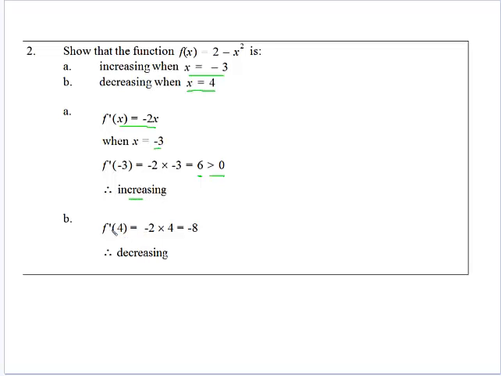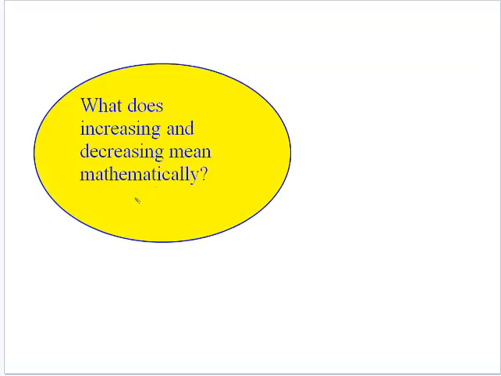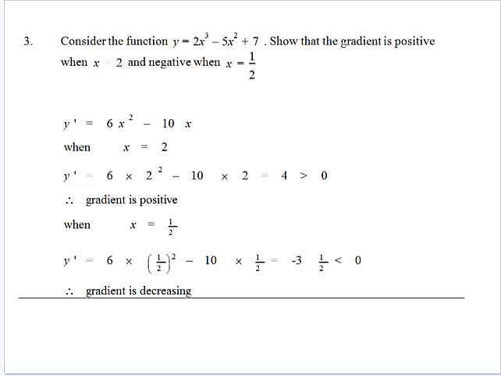And at x equal to 4, minus 2 times 4 gives us minus 8. And because minus 8 is less than 0, then we know it's decreasing. So the first derivative is less than 0, it's decreasing. It's very important to understand what increasing and decreasing mean, because the question doesn't say show that the first derivative is less than 0 or greater than 0.